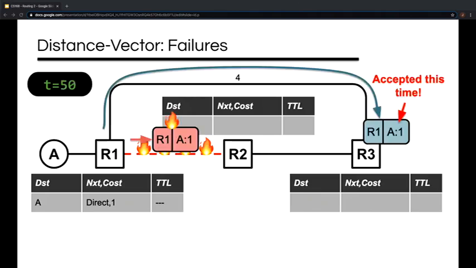So following that, at t equals 50, again, R1's timer goes off. It sends its advertisements. R2 doesn't get it, but R3 gets one. And this time it accepts it, right? Because it had no entry at all. And so it fills it in R3.